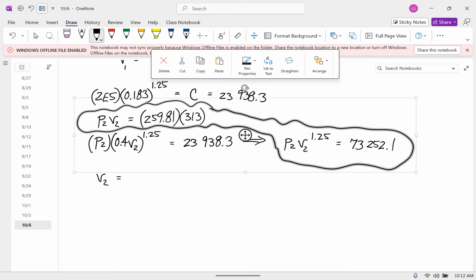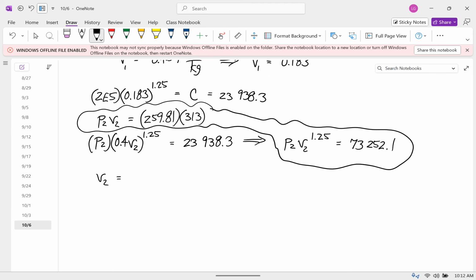And so we have V2 is equal to 81,320.5 times P2 to the minus 1. And now I'm going to substitute that into the second equation.